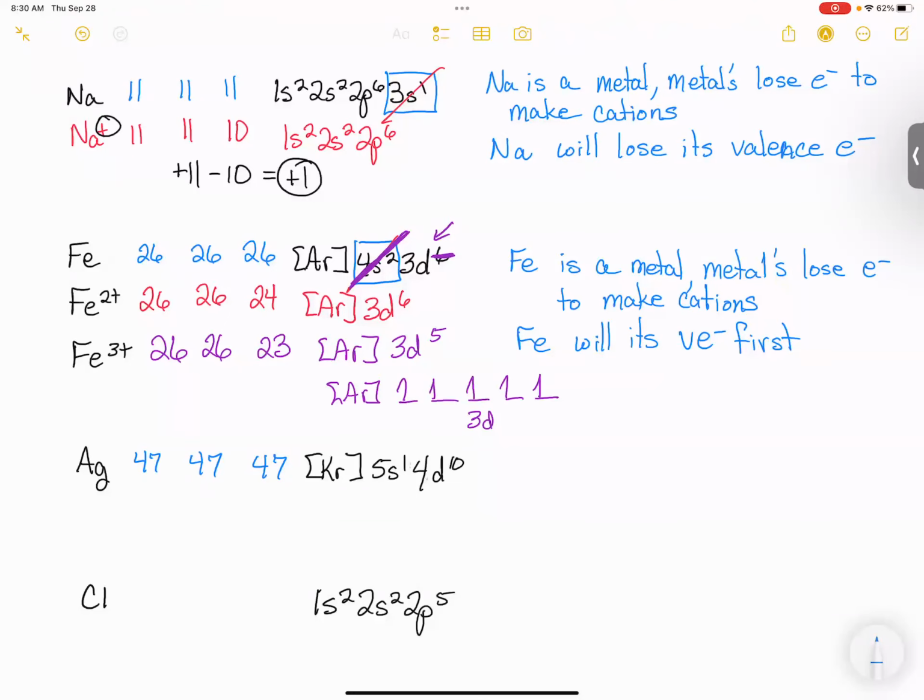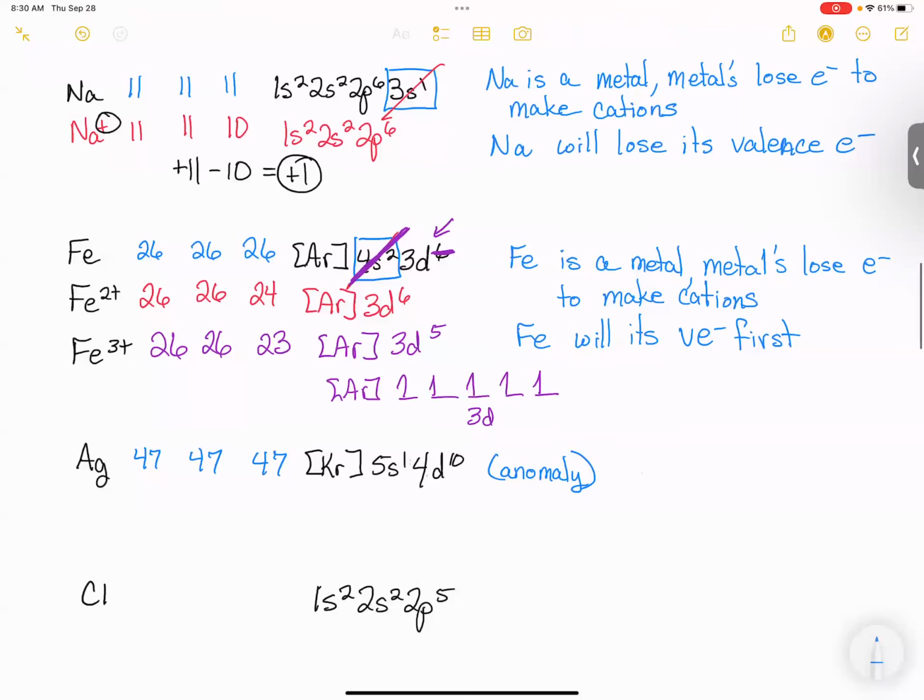It's going to have the electron configuration of krypton 5s1 4d10, because it is an anomaly. Now, silver, again, is a metal. And metals lose electrons.